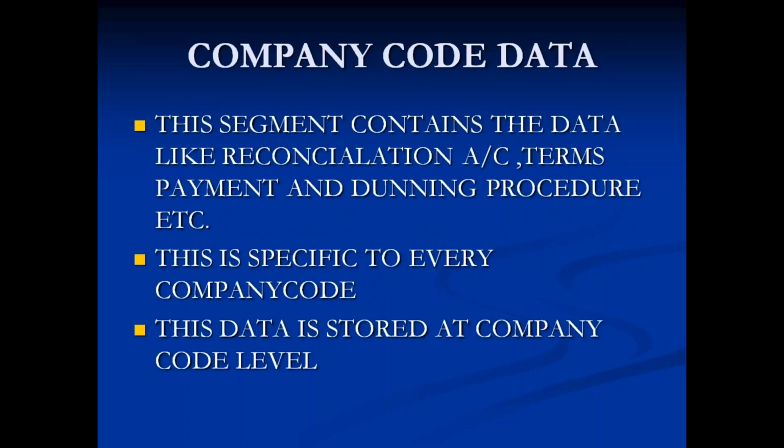Then we have the company code data. This data is specific to a company code only, and whatever information you maintain for your customer for a particular company code, you will be able to access only for that company code. This segment contains information like your reconciliation account, terms of payment, dunning procedure, and it is stored at the company code level.